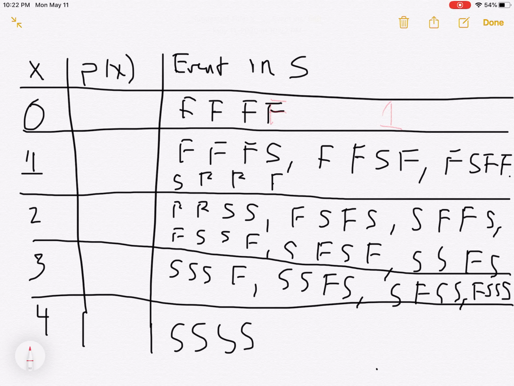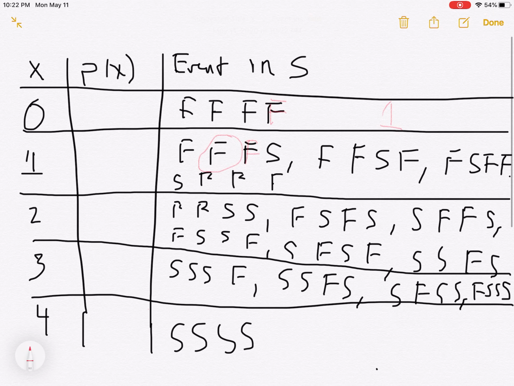So permuting these 4 failures does not change the outcome or the event. Similarly, if I was to distinguish this failure from this failure, I wouldn't really care about that. It's the same outcome. So what I'm telling you is it's not the order in which the failures or the successes occur, it's just the total number.